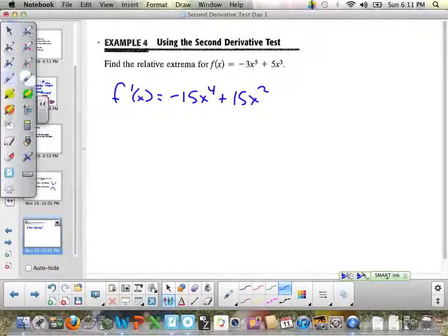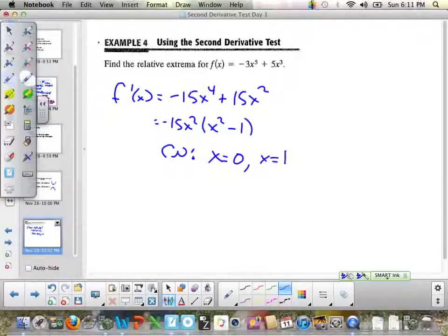We can factor out negative 15x squared, and we're left with x squared minus 1. So our critical numbers where our derivative is equal to 0 are 0, 1, and negative 1.